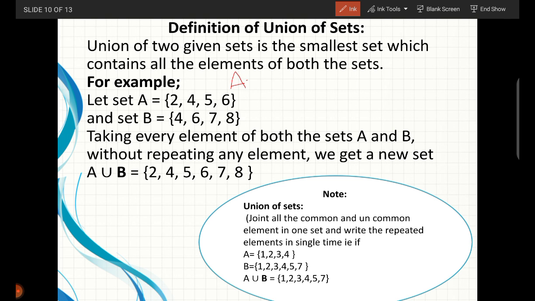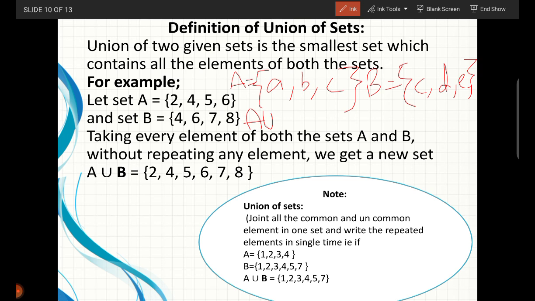Let A be equal to {A, B, C} and set B be equal to {C, D, E}. Sorry for the curly signs. So how will you find the union of two sets?